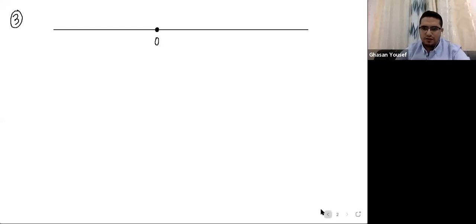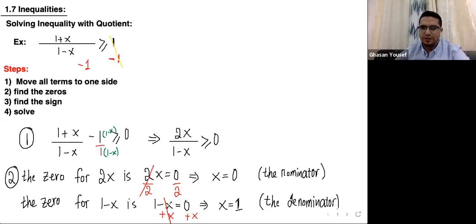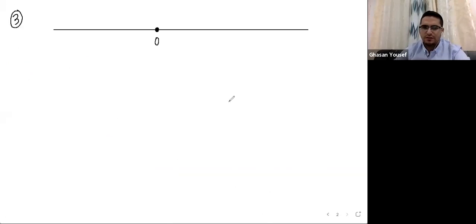Also the zero I found from the denominator is x equals 1. But here it should be an open circle. The zeros for the denominator should be open circles like this. Any zero in the denominator should be an open circle. Now pick any number greater than 1.